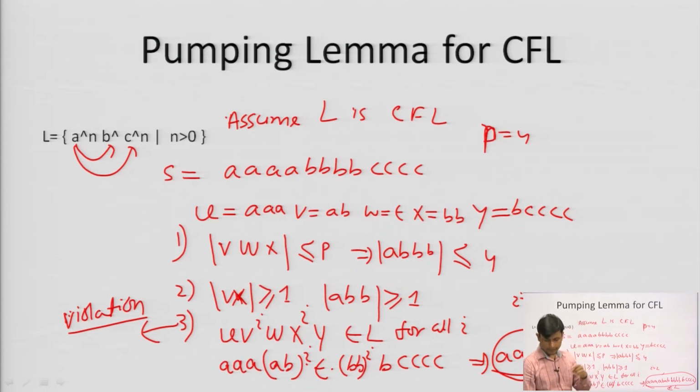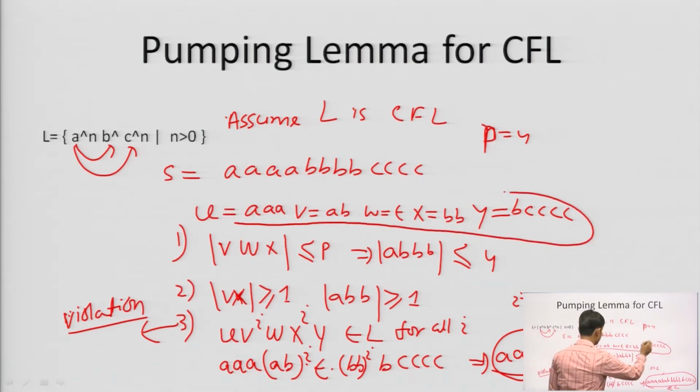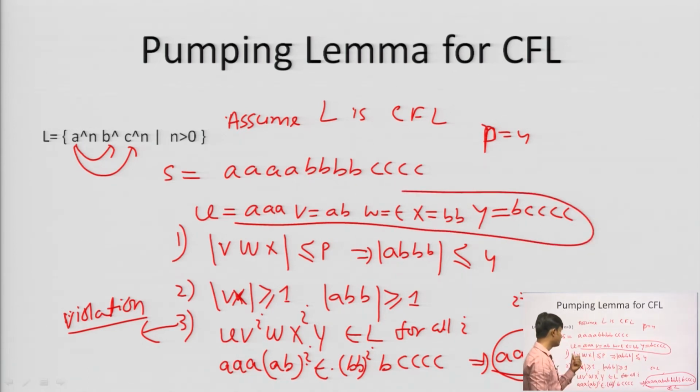So, here we can see whatever division you consider, you can take a, b like that, b, c, whatever division u v w x y, but you have to take care that |vx| should be greater than or equal to 1 and |vwx| less than or equal to p. These two conditions you have to take care of when you divide this.